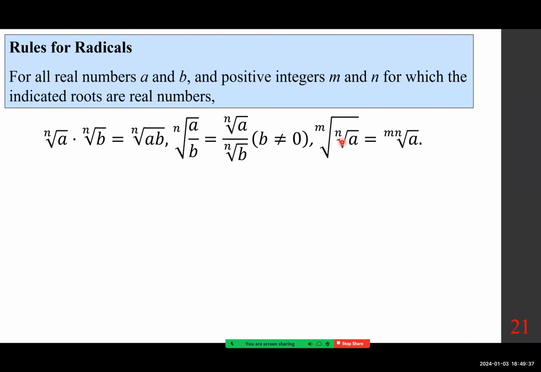And if they have two indices, you have to multiply them by each other, okay? Because this is a to the power of 1 over n, and just for the sake of argument, this is a to the power of 1 over n, 1 over n, okay? And because of that, it's to the power of 1 over m, okay?